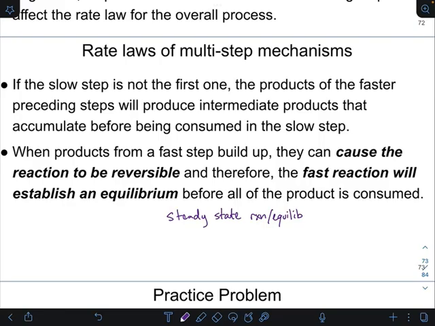And that is going to establish an equilibrium before all of the product is consumed. And when I say product here, what I really mean is intermediate. So before the slow step happens, the fast step is going to reach equilibrium.